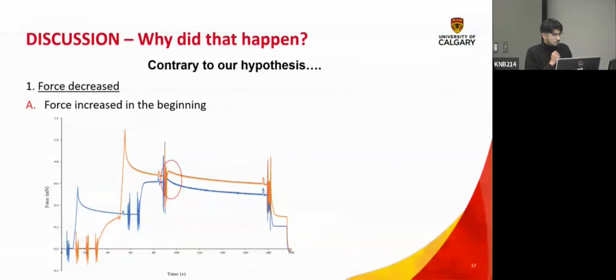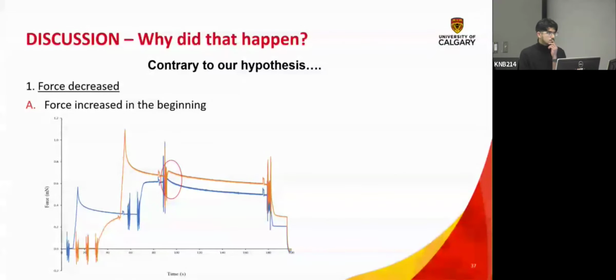Mm-hmm. So then let's assume for the moment that that was correct, and it's not passive force that decreases so fast. I was not thinking about anything fancy, but just the cross-bridge theory.